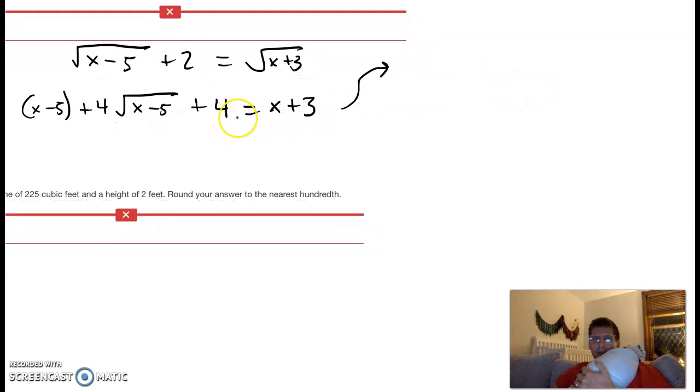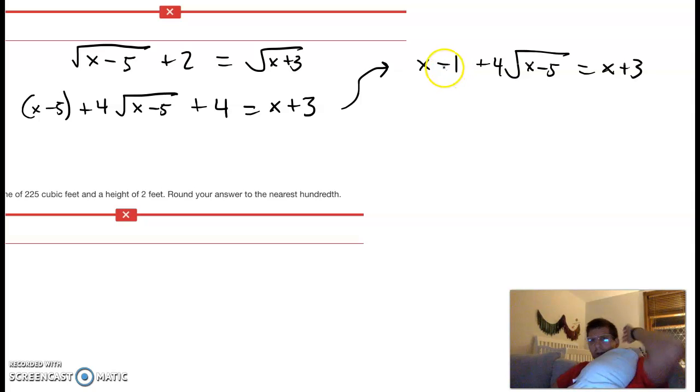So let's check it out. This, if I combine, it becomes x minus 1 negative 5 plus that 4. Okay. Oh, this is nice because when I subtract x from both sides, those will go away. Add the 1 over, I'll get 4.